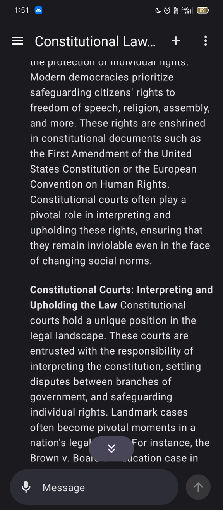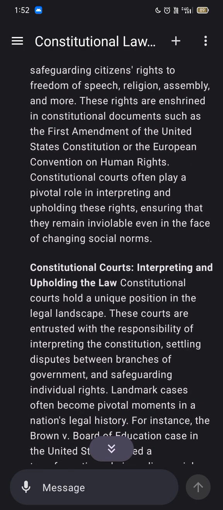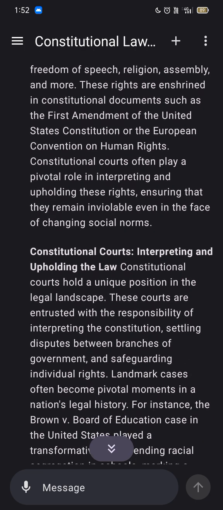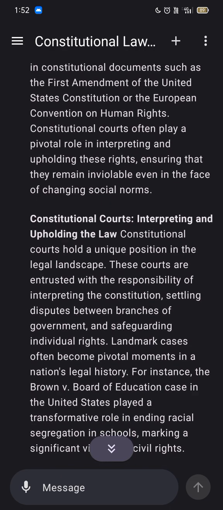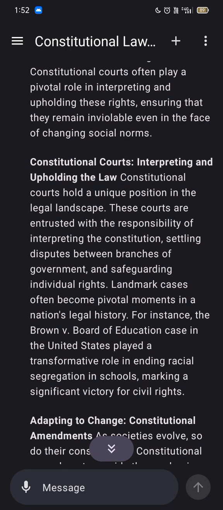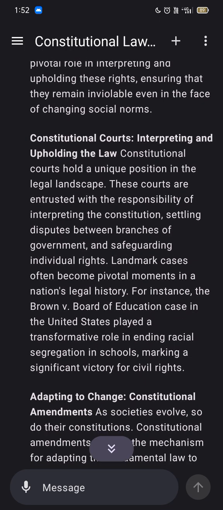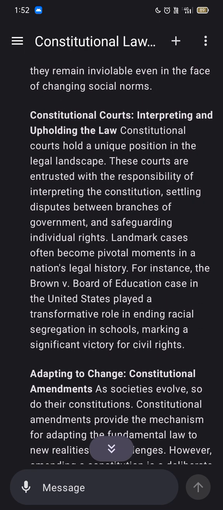These rights are enshrined in constitutional documents such as the First Amendment of the United States Constitution or the European Convention on Human Rights. Constitutional courts often play a pivotal role in interpreting and upholding these rights, ensuring that they remain inviolable, even in the face of changed social norms.